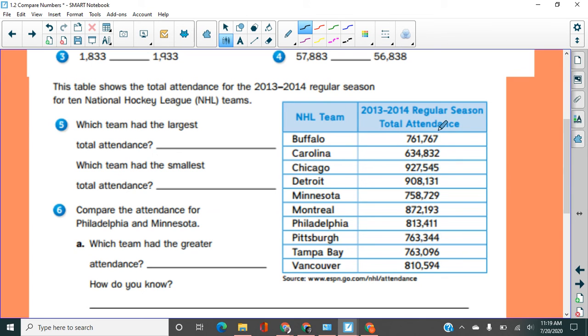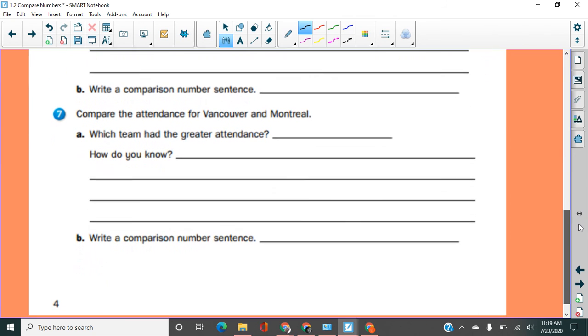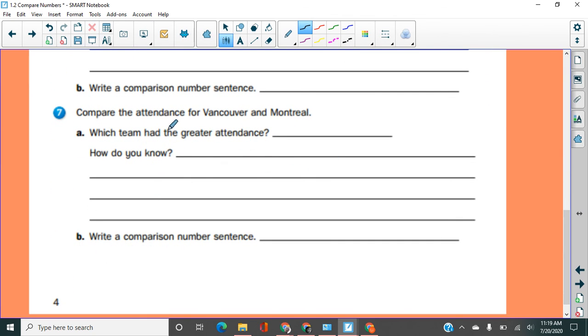Attendance is how many people go to, in this case, a hockey game. So you're going to read these questions that go with the table and answer those. And then down here, you're still using that same data. So that's your goal today.